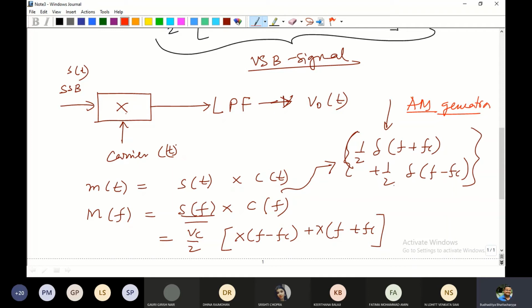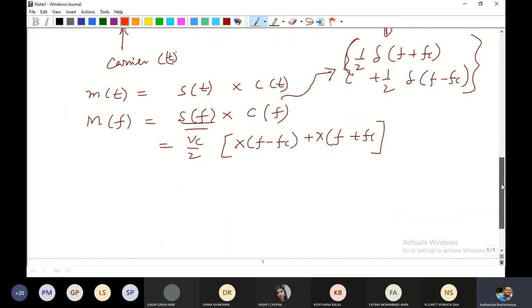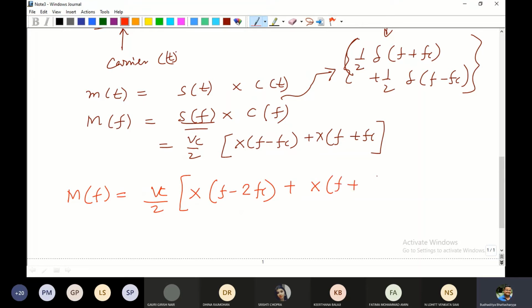So your S(f) and the carrier all together, the final outcome would look something like M(f) equals Vc/2 X(f - 2fc) multiplied by H(f + fc), and here it should be an H(f - fc) as well.